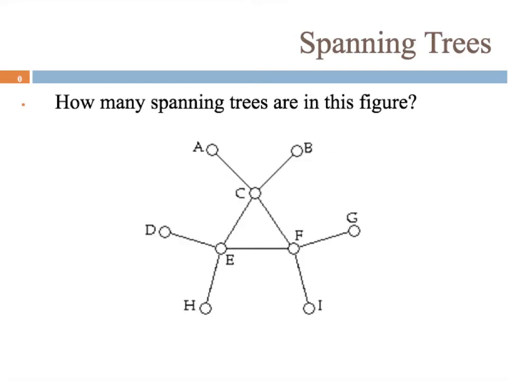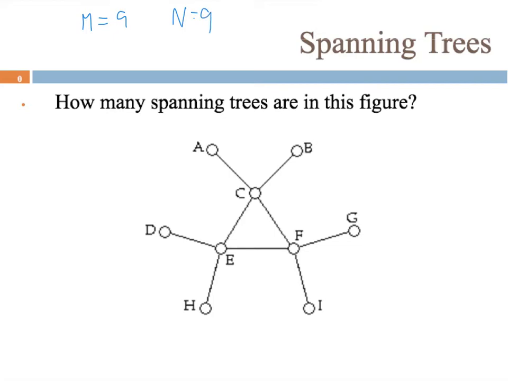Now, a different example. How many spanning trees are in this figure? First of all, let's just look at the number of vertices and edges really quick. The number of edges is 1, 2, 3, 4, 5, 6, 7, 8, 9. So we have 9 edges, and vertices we have 1, 2, 3, 4, 5, 6, 7, 8, 9.